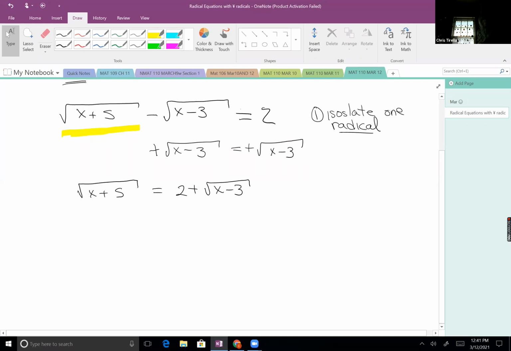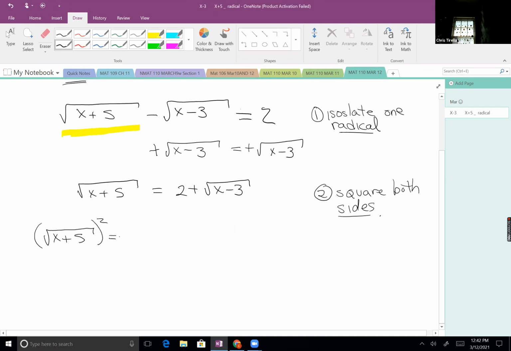Now, I'm going to clear one of the radicals by squaring both sides. But here we've got to be super duper careful. If I square what's on the left, that gives me x plus 5 quantity squared is equal, on the right, to 2 plus the square root of x minus 3 squared.